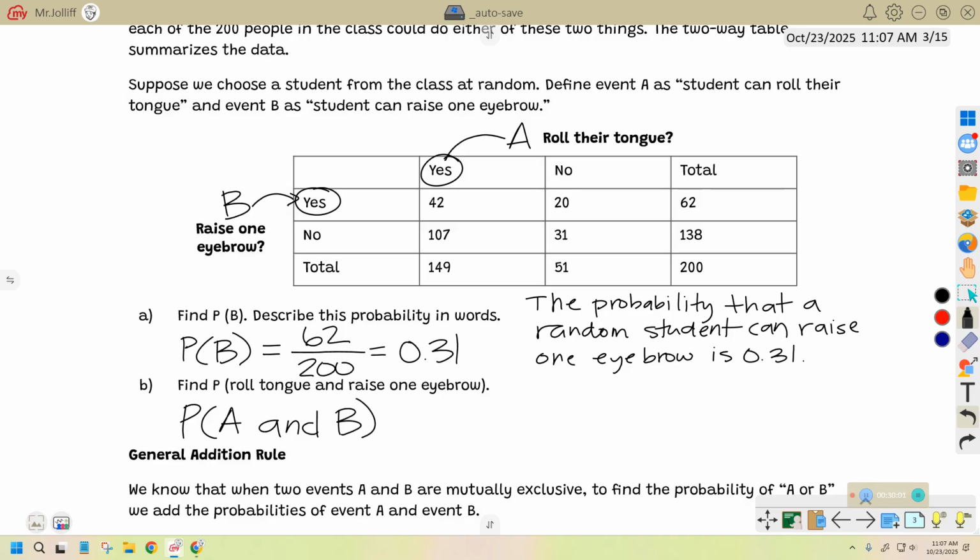Yeah. 42 is the intersection of yes, I can roll my tongue and yes, I can raise one eyebrow. Good. How many students? 200. Good. So 0.21. Not so bad.